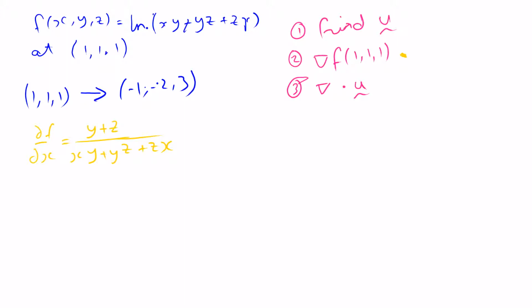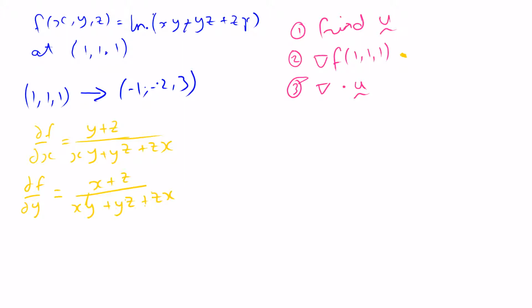The other thing we will need is the partial derivative with respect to y, and that is going to be x plus z all divided by xy plus yz plus zx.